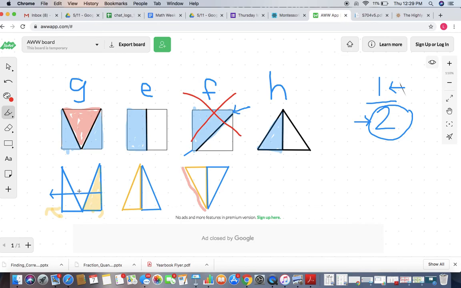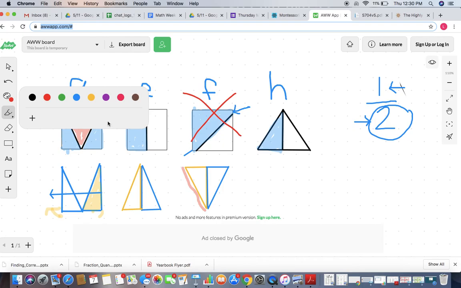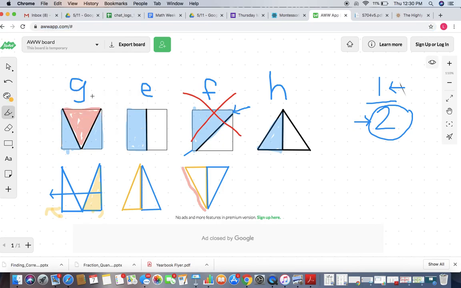This yellow one we scooted over so that it lined up with the backbone here, lined up with our blue. And then we flipped them. We can see that these two parts, when we flipped, are the same as this. So this is in fact a half. Even though it looks like it's not divided into two parts, it is indeed a half.